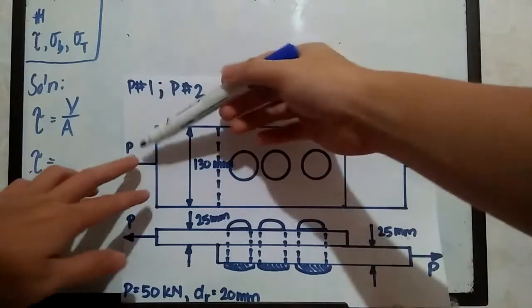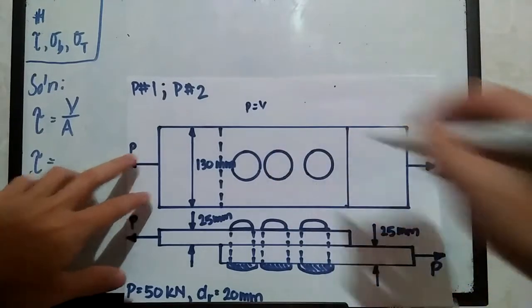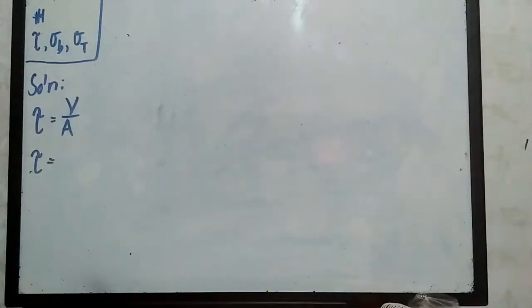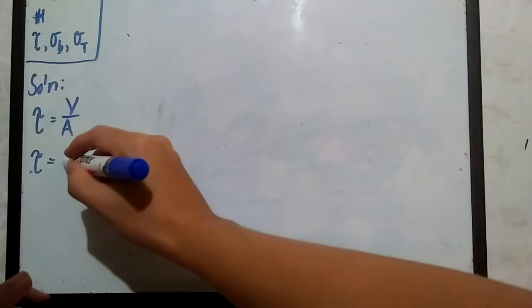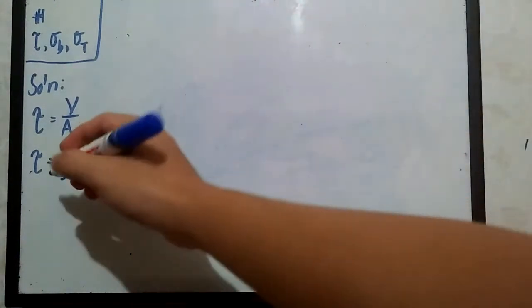Meaning P is equal to V. This is triple shear because we have three rivets, so that should be V over 3A.